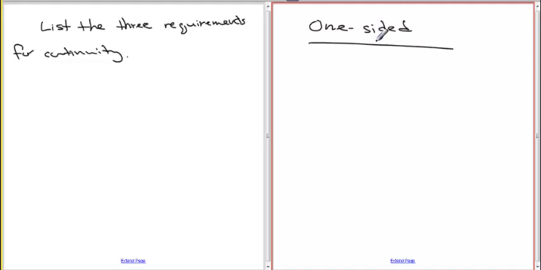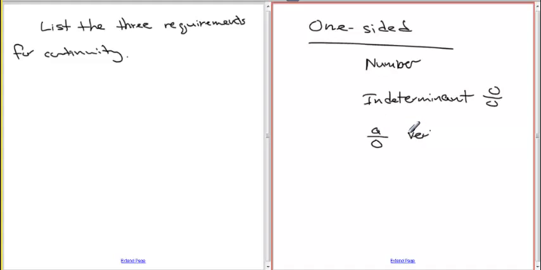Because the 3 things that can happen with one-sided limits are: you get a number, so that's one option, and you're done; indeterminacy, and this you just treat the same way; and the third way is a number divided by 0, which is a vertical asymptote.